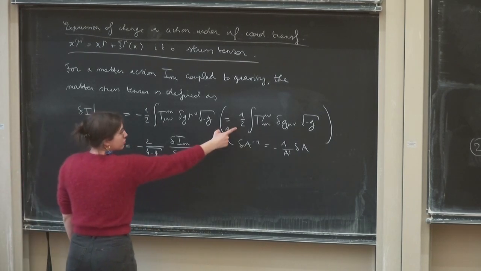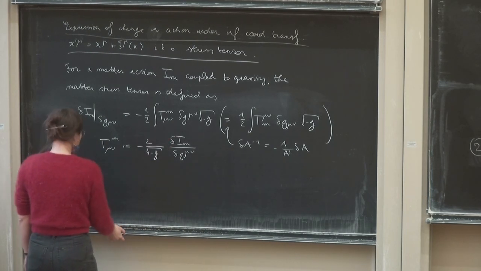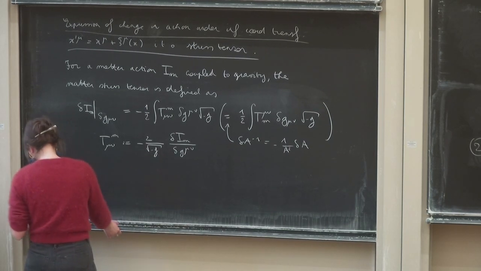Good, so this is one source of sign confusion when you see formulas like this. The other is what we'll explain next.